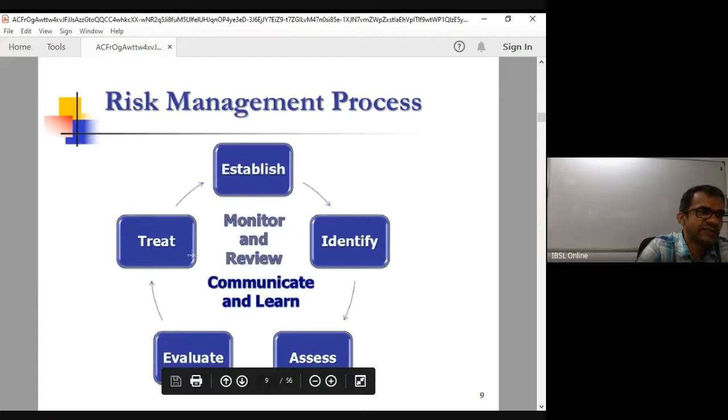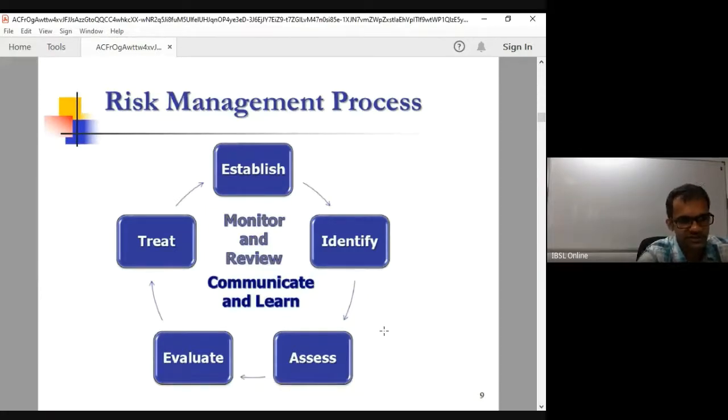Then treat. You have identified what the risks are. You have ways of measuring those risks. Then you have measured that risk and evaluated what would be the repercussion. Then you have to decide, what do we do with this?